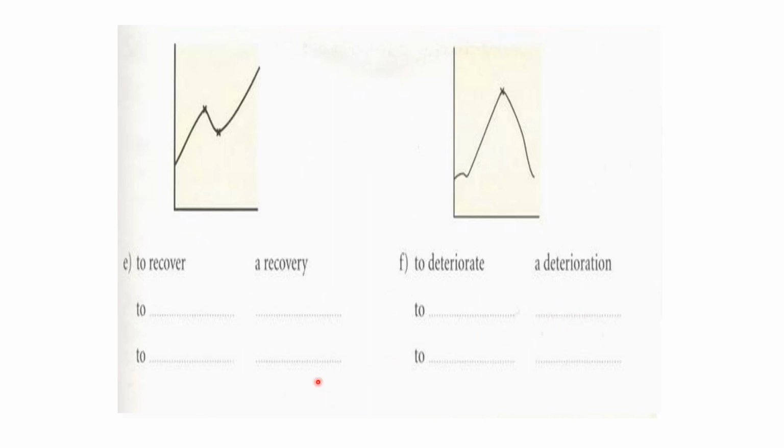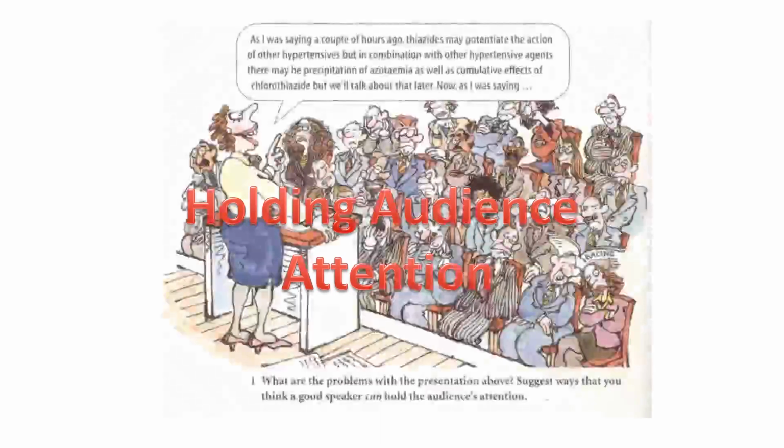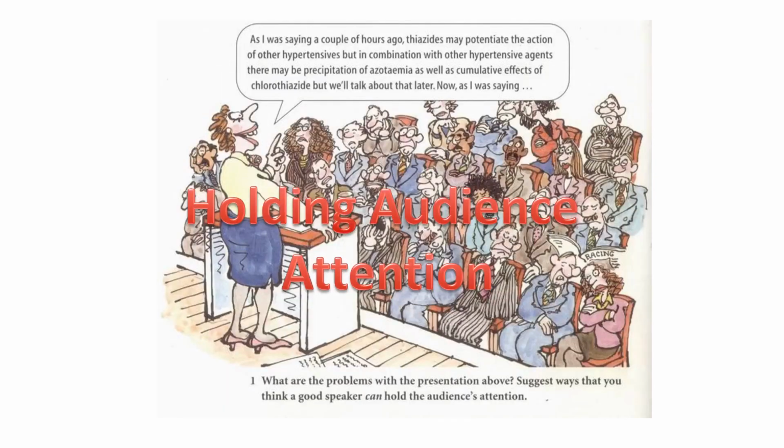Okay, so in brief, you have to be able to communicate the changes with the correct English. Okay, everyone. We have discussed how to hold audience attention. Probably you still remember. There are basically two things to make your audience pay attention to you.